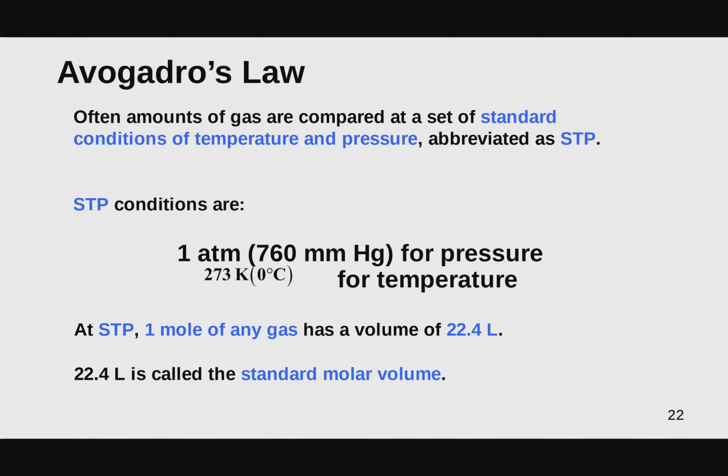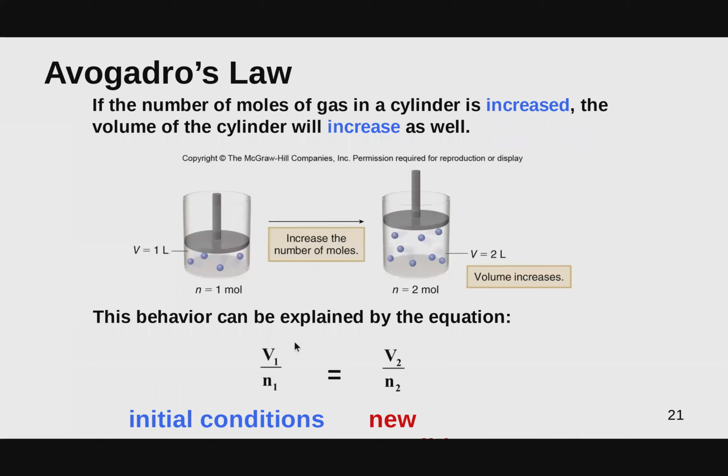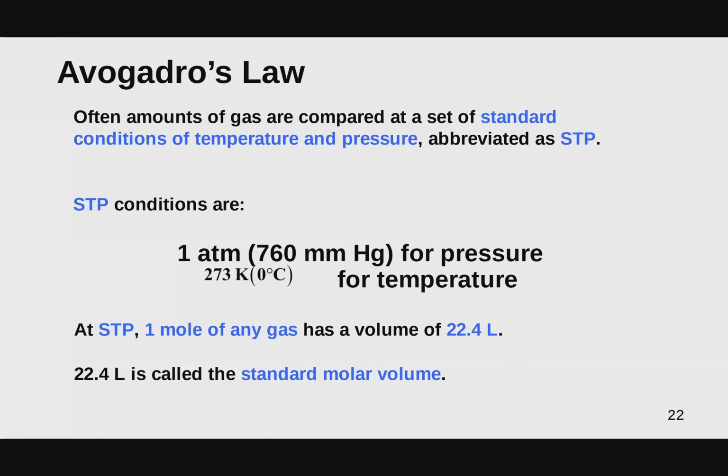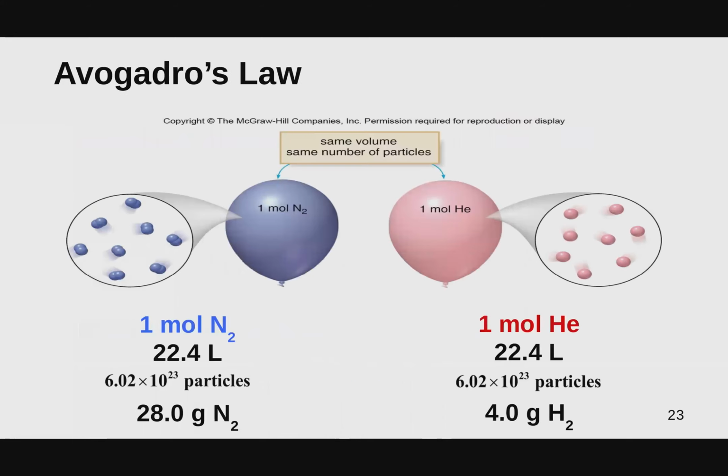But as we noted with Avogadro's law, that volume will change depending on the number of moles, and it can change based on temperature. So at standard temperature and pressure, 1 mole is 22.4 liters. This 22.4 liters has also been called the standard molar volume.